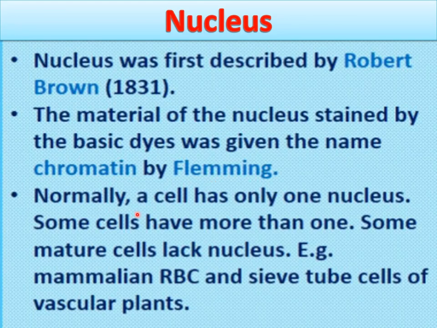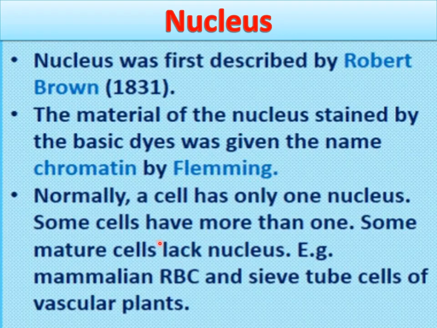Normally a cell has only one nucleus. Some cells have more than one nucleus also. Some mature cells lack a nucleus. For example, mammalian RBCs do not have any nucleus, and sieve tube cells of vascular plants also do not have any nucleus. So we can say the number of nuclei also varies.